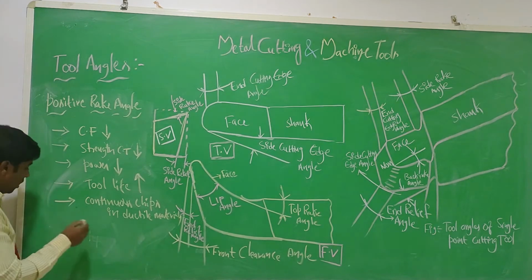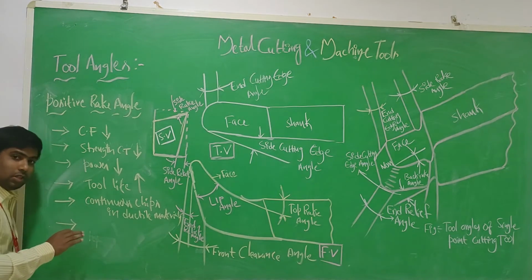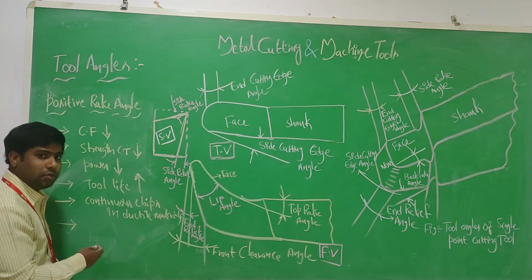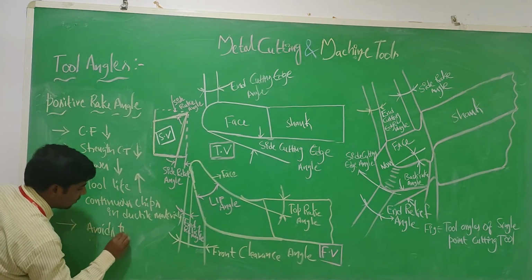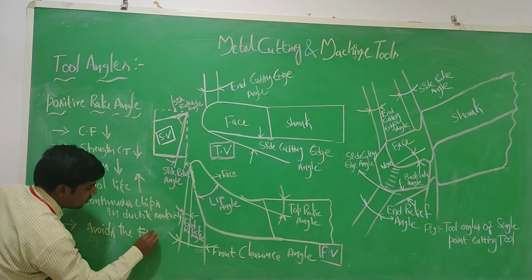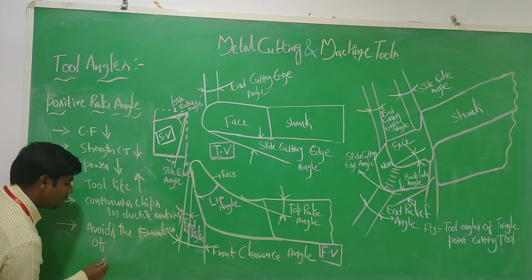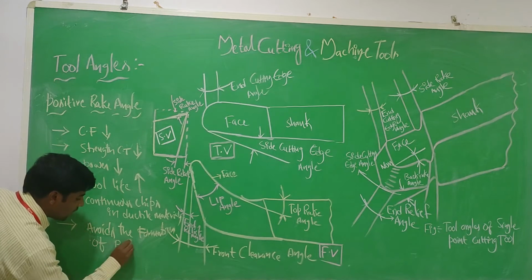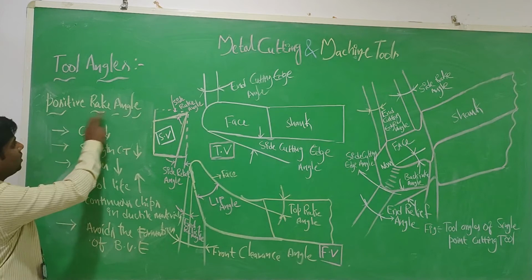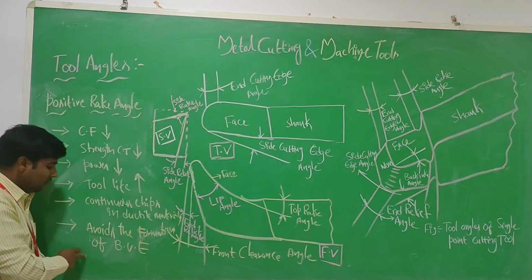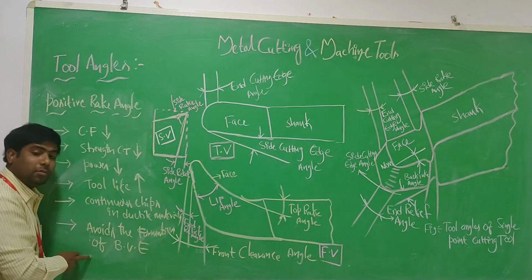These are also useful in avoiding the formation of built up edges. Positive rake angles also help avoid the formation of built up edges.